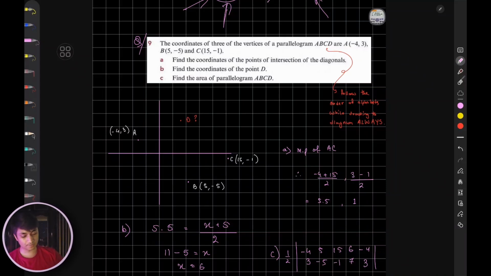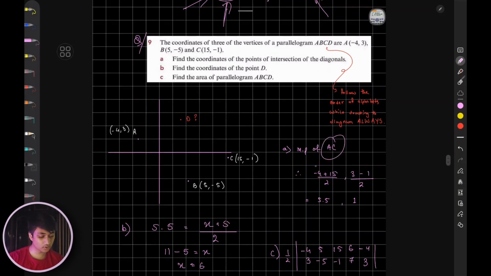Okay, look, whenever you have a parallelogram, I've already mentioned with the last to last question, I guess, the point of intersection is going to be midpoint of both the opposite vertices. So whatever the midpoint of A and C is also the midpoint of D and B. So you can find the intersecting point by using any pair of opposite coordinates, and finding the midpoint of that.